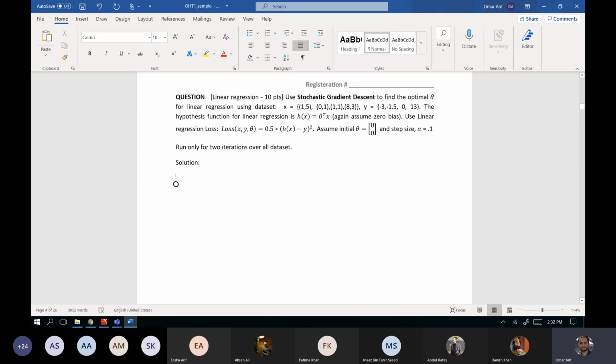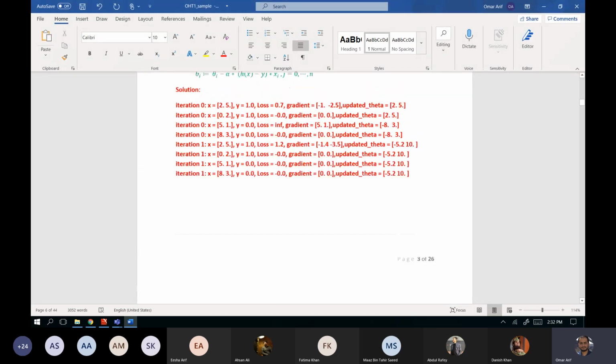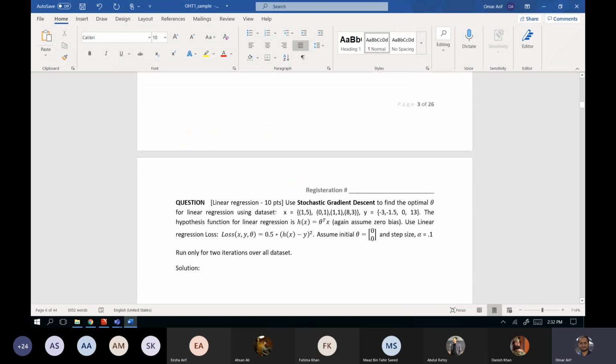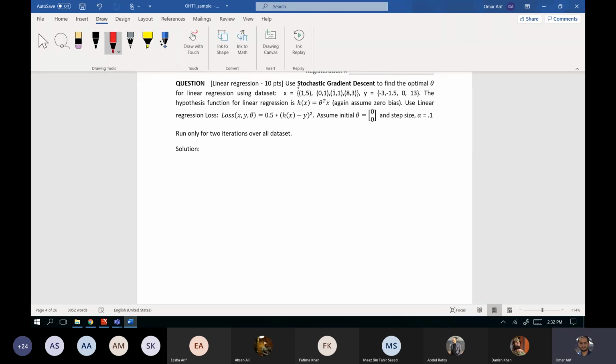Okay, so let's look at this problem here. The problem is to use stochastic gradient descent to find the optimal theta for linear regression using the data set X. This is your input X, this is your desired Y. So first let's see what the data set is.